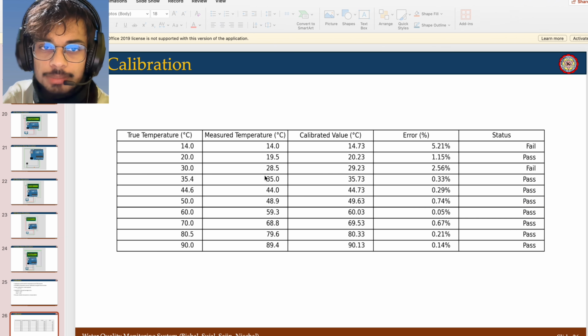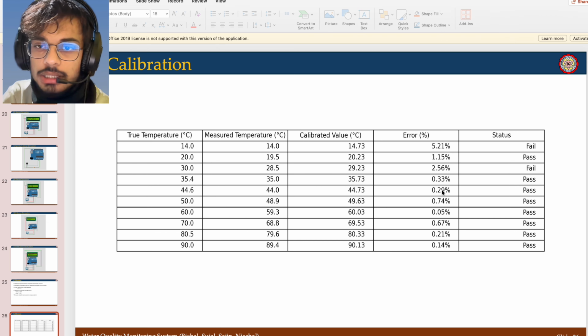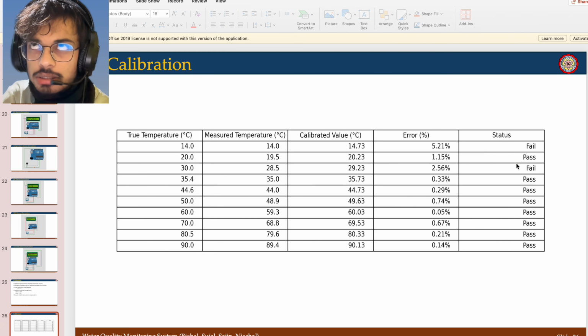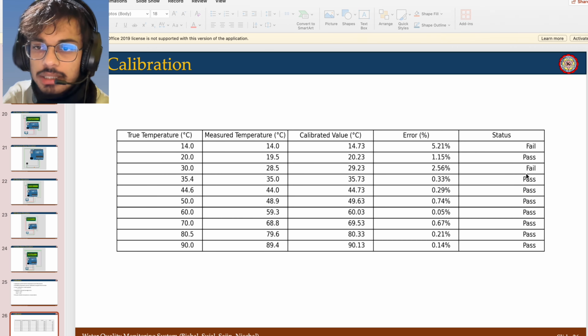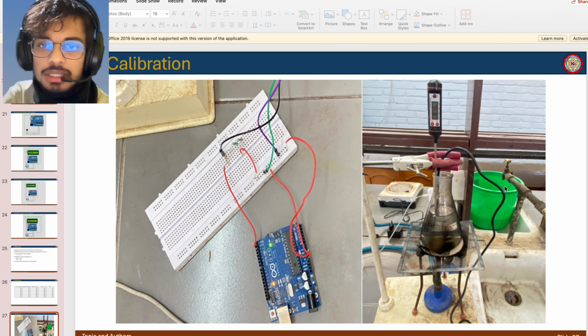This is the true temperature, the measured temperature, and then we calibrated by the equation, and then we got this error. All other statuses pass under the 1.5% error range, and 2 failed, which can be compensated.